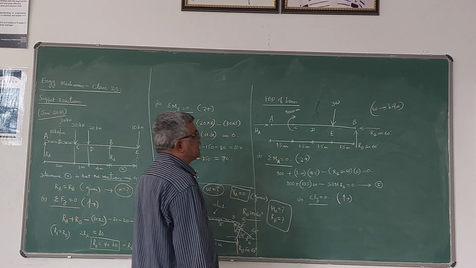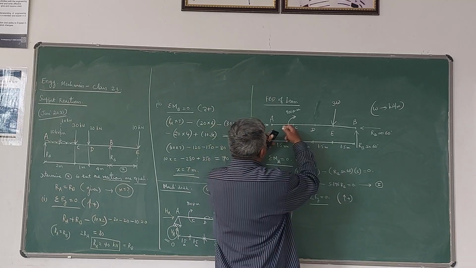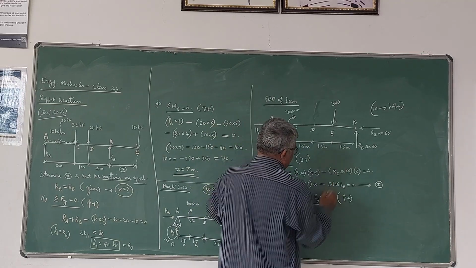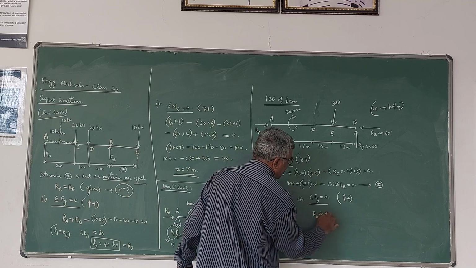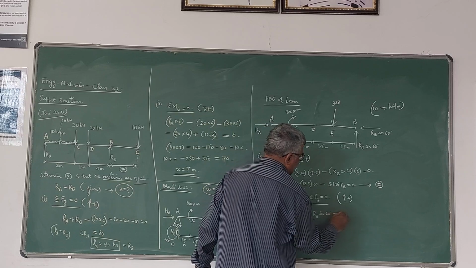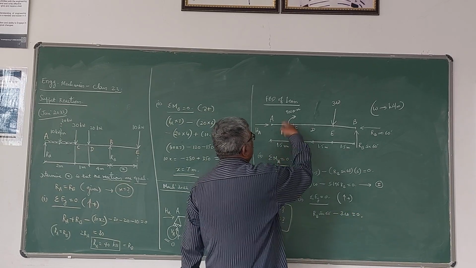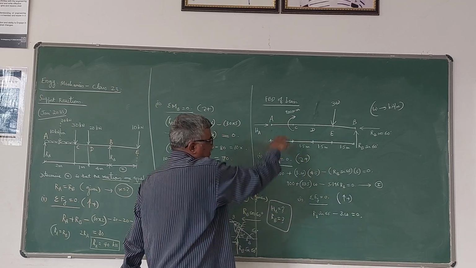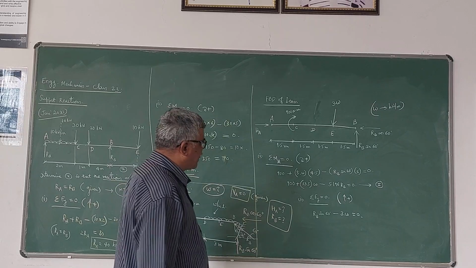Here only one reaction is there in the vertical direction, RB sin 60, that is positive upwards. And 3W is negative, so RB sin 60 minus 3W is equal to 0. The moment won't come into the picture when you are writing the force equation. Moment you should not consider. So this is the other equation.